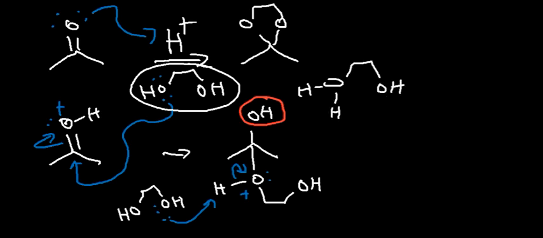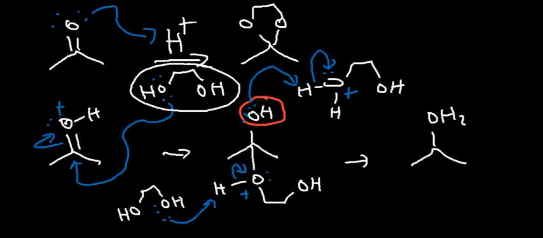Then that protonated ethylene glycol molecule, or another one that's near its vicinity, is going to transfer the hydrogen to the OH. So this oxygen is going to grab the hydrogen, and this bond is going to break. So what we now have is an OH2 group, which is a good leaving group, and we have this.